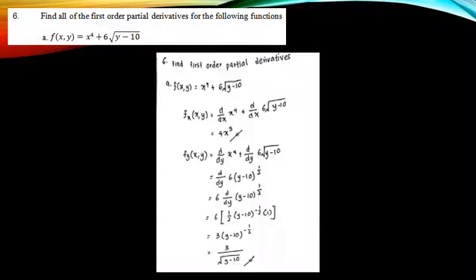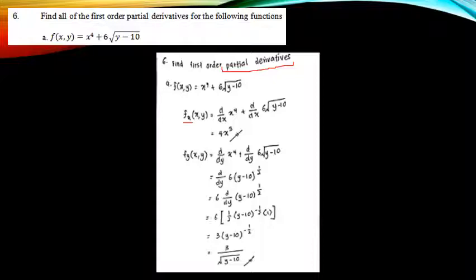For question 6, find all the first order partial derivatives for the following function. Given f of x and y equals x to the power 4 plus 6 square root y minus 10. We will do partial derivatives. The first one is for f x.